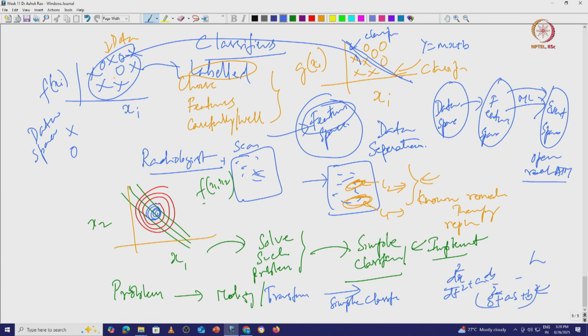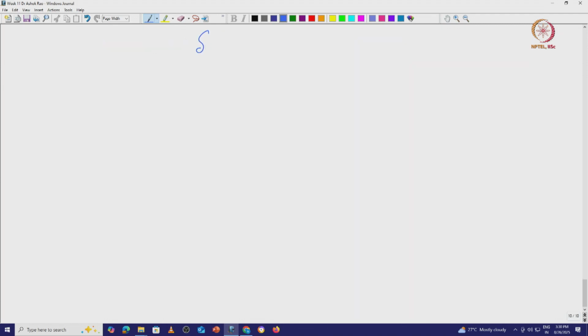So, we have been doing such things periodically in various domains, and the same methodology is used here. You have a complicated data. What works is a simple classifier. It is easy to implement a simple classifier. So, you have a complicated problem, you need to modify, transform, whatever, so that a simple classifier will solve the problem.